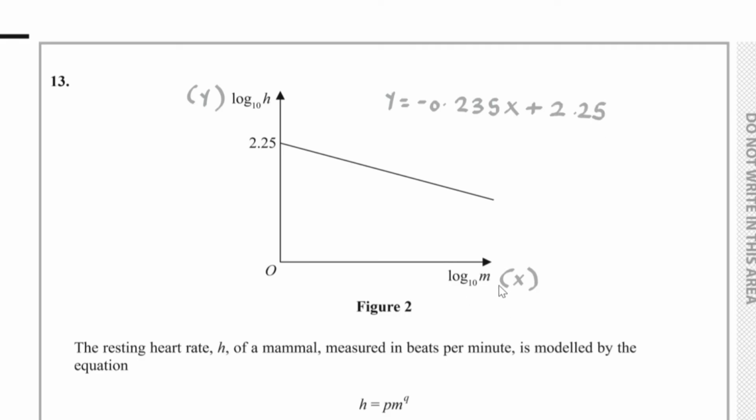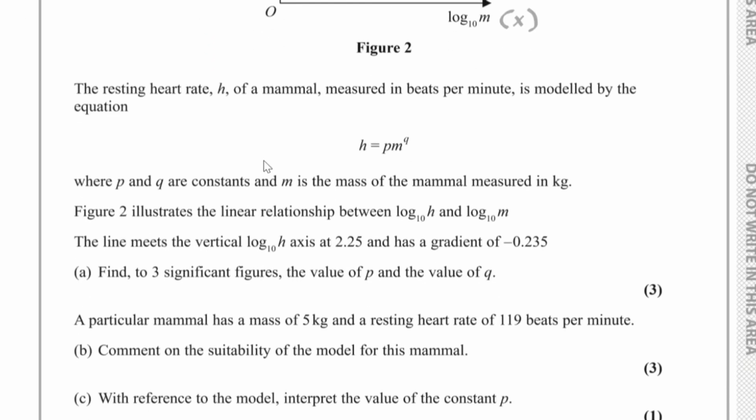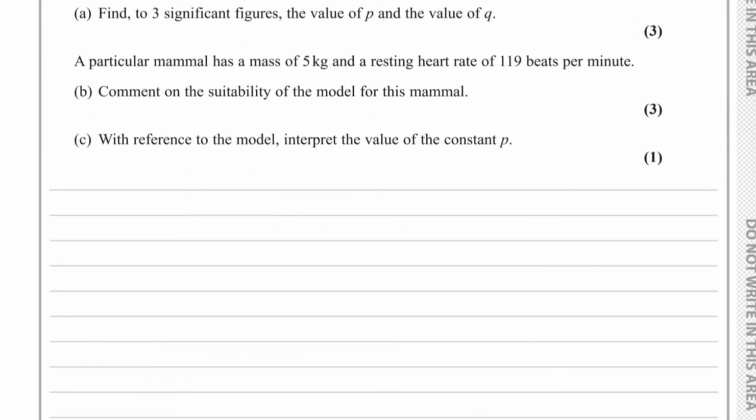But instead of us having those variables of x and y, we've got log base 10 of m and log base 10 of h instead. So what we can do for part A then is replace the y with log base 10 of h, and we can replace the x with log base 10 of m.